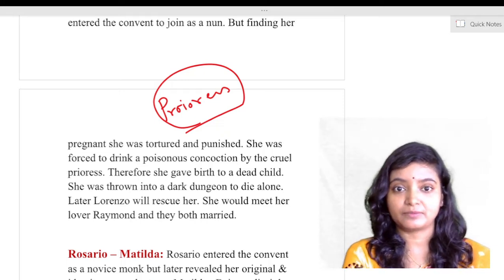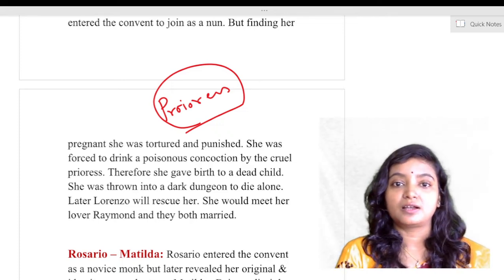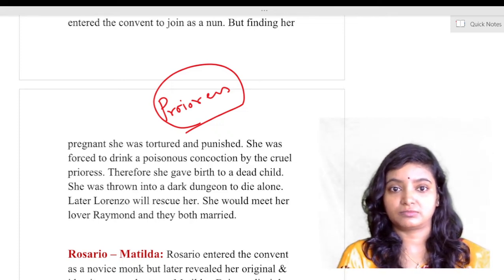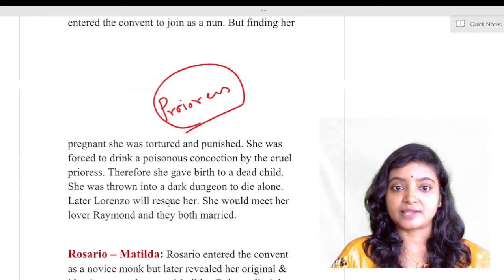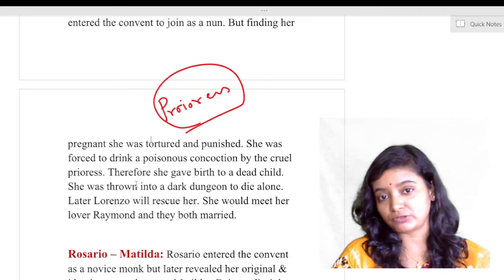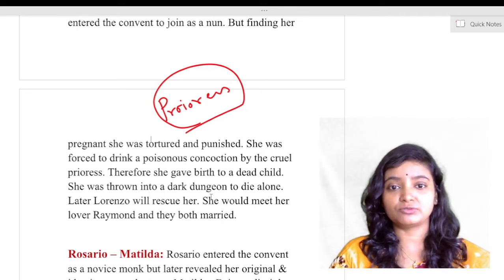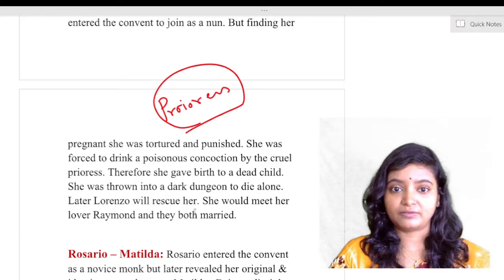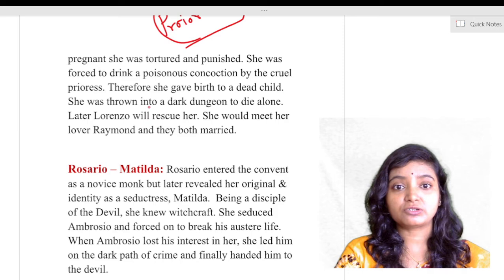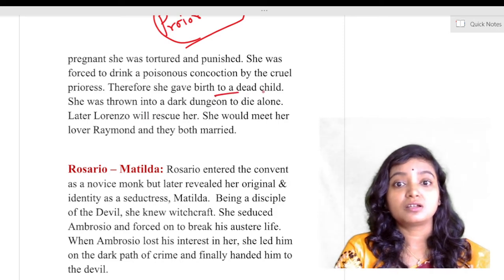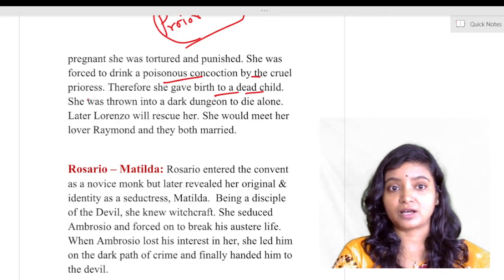You can say aborted in that process, and she was sent to the dark dungeon. She was thrown into a deep dungeon to die, but fortunately at the end she will be rescued by her lover and her brother. She gave birth to a dead child because she was forced to drink a poisonous concoction by the cruel prioress.